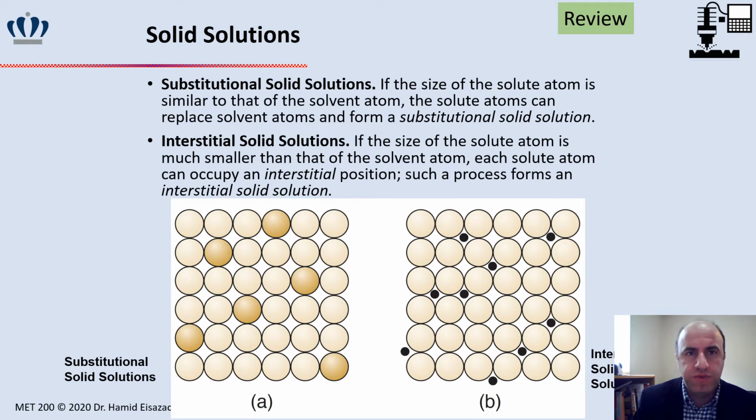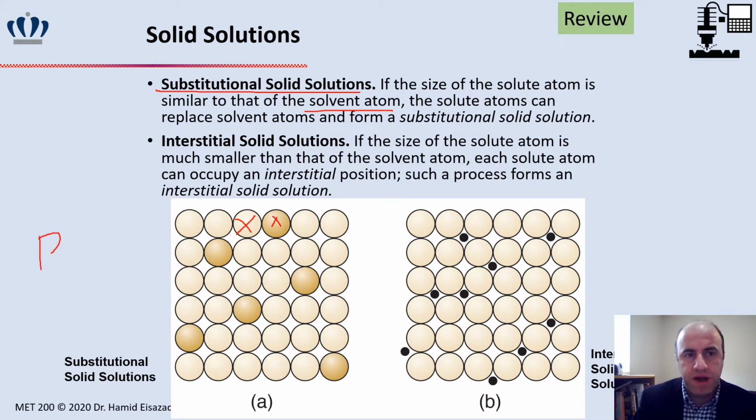We discussed that we have two types of solid solutions. One is substitutional solid solution. If the size of solute atom is similar to the solvent atom, this one is solute and this is solvent. Major element in the solution is called solvent, and this is a minor element. So you see, both atoms are the same size.